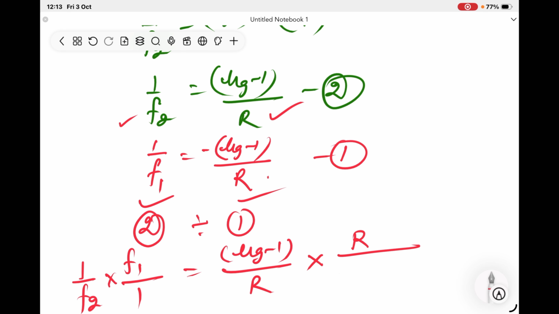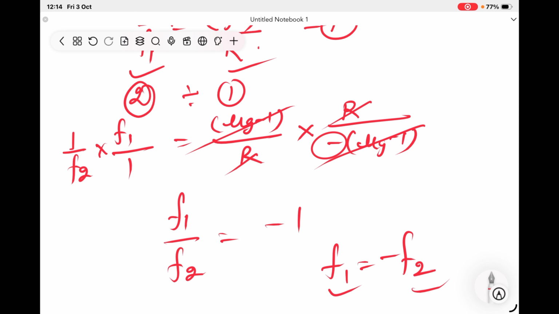Now mu G minus 1 is cancelled and R is cancelled. What are we left with? F1 by F2 equals minus 1. This minus is left. So the ratio is clear. We were asked to compare the focal lengths, so we compared. That's all you can write.